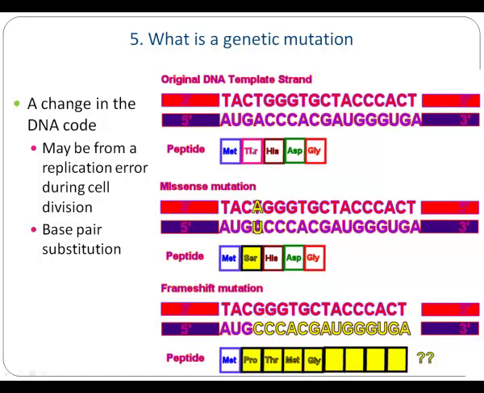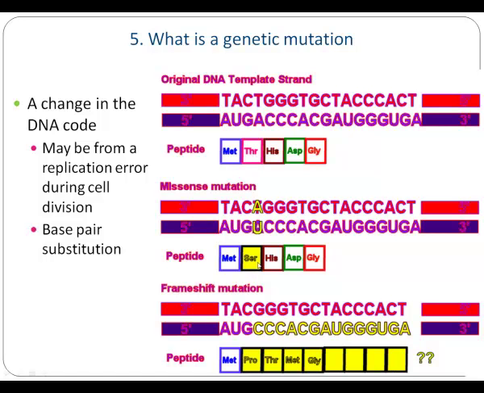So this is my protein code here. In this instance, the second T has been mutated to an A. So the mRNA code, instead of being ACC, is now UCC. So I have a serine instead of this amino acid here. So there's a mutation there.